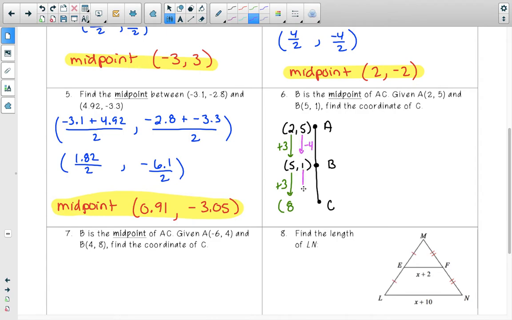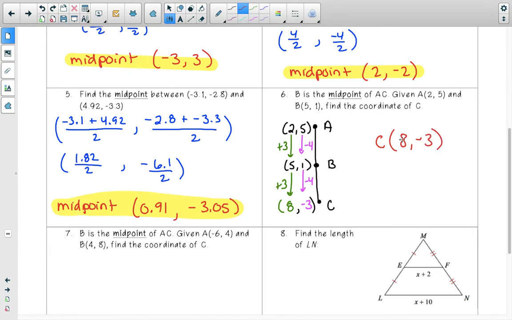So I'll do the same thing for my y's. So I'll subtract 4. So 5 minus 4 is 1. 1 minus 4 is negative 3. So my coordinate of C is at coordinate 8, negative 3.